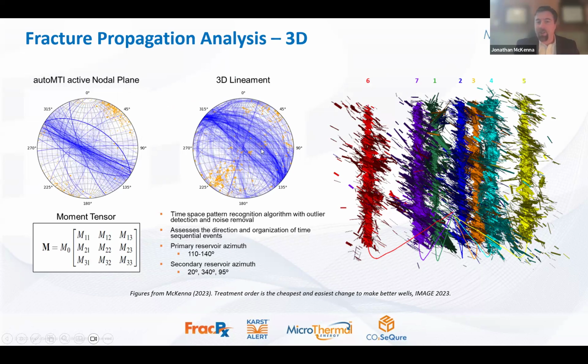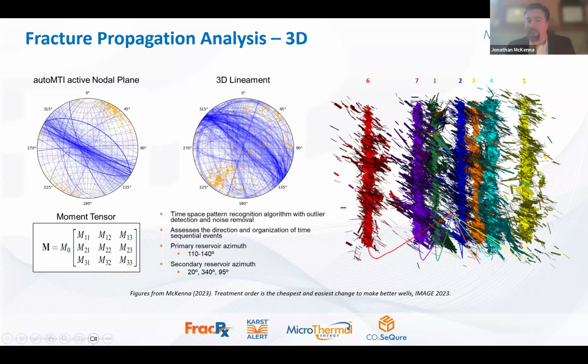And so we get all sorts of different directions in our 3D lineament tool, as well as how we've picked those active nodal planes. In this case, we still see that our active nodal plane matches quite nicely with our 3D lineament tool. We're seeing all these different fracture orientations represented, even this other orientation here that's not as obvious.